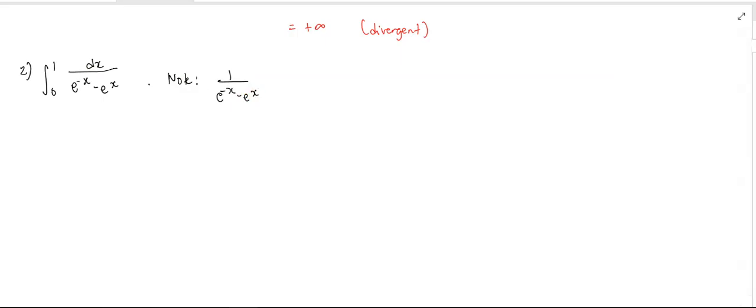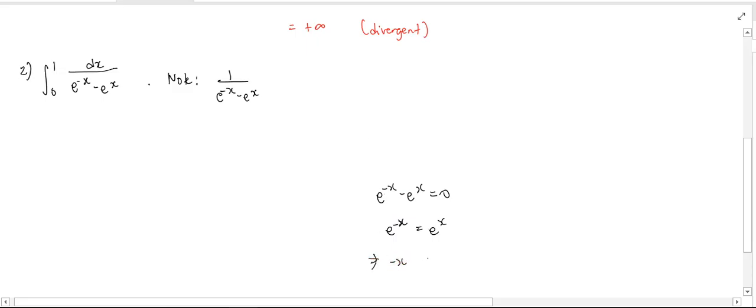Or siguro mas magandang itanong, saan ito hindi continuous. Ito ay hindi continuous kapag yung denominator mo ay equal to 0. That is, if e raised to negative x is equal to e raised to x, take the natural logarithm of both sides, you get negative x equals x. And when is that true? Precisely when x is 0.